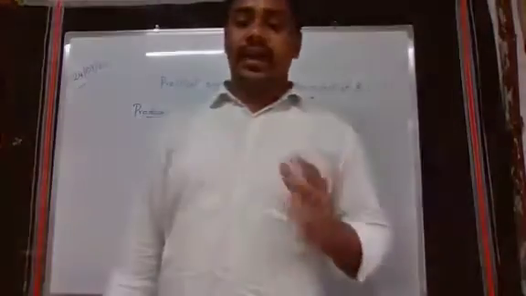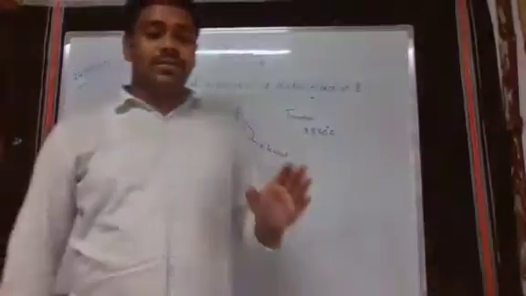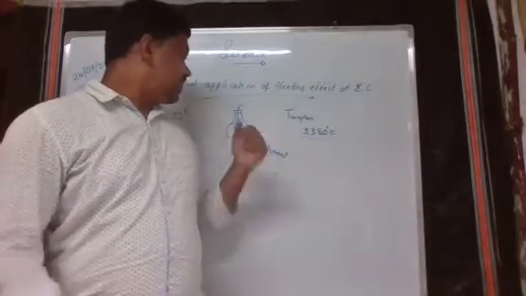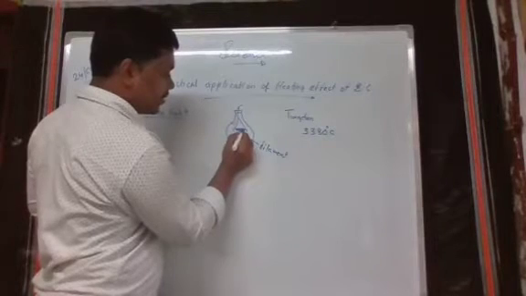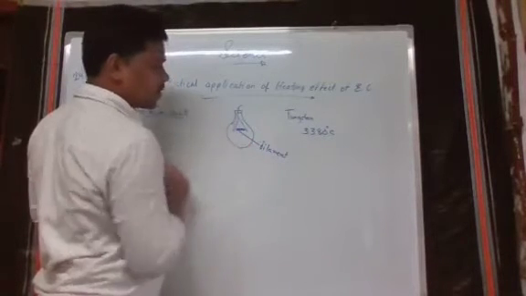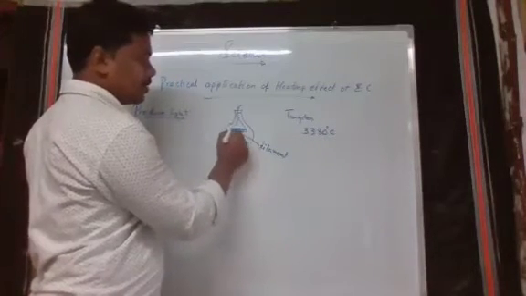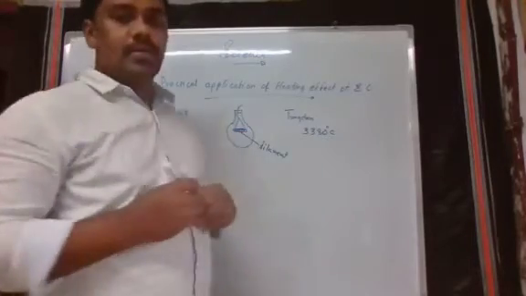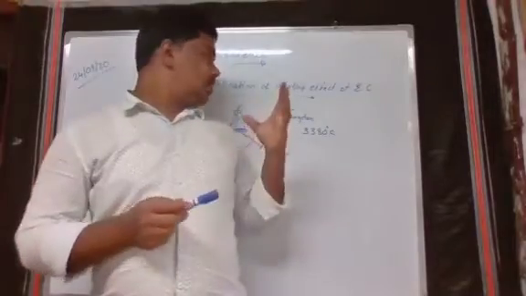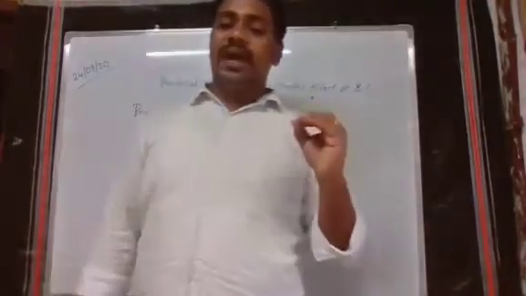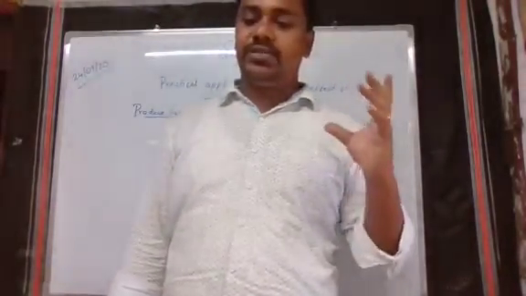380 degrees Celsius is used for making the filament. That means only this much part, from here to this thing, this area. The filament should be isolated as much as possible using insulating support.